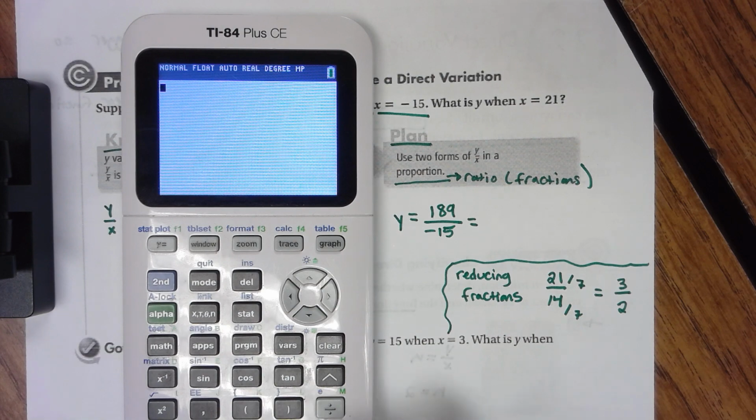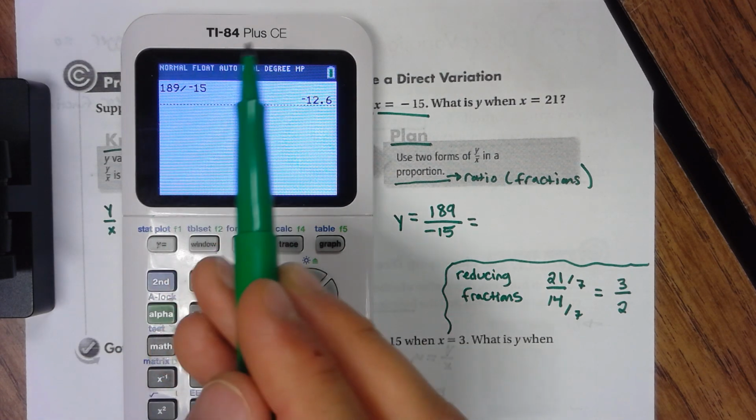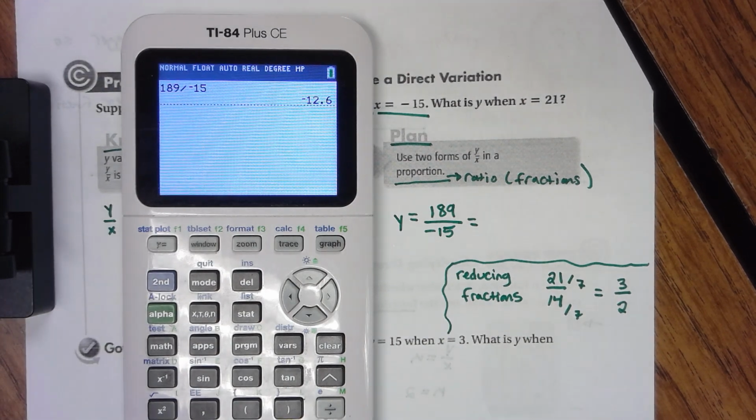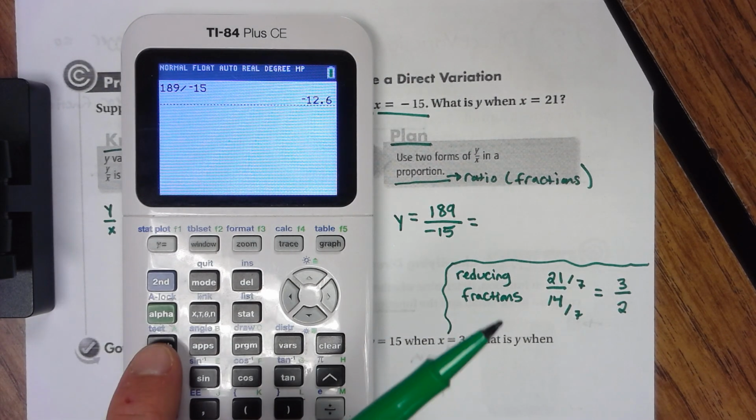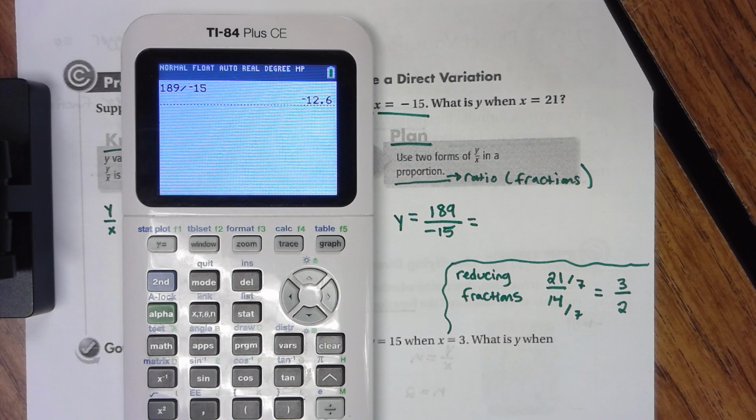First thing that we need to do is take that particular fraction and convert it into its decimal form, which means we just do the division. The numerator divided by the denominator is going to give it to us as a decimal, negative 12.6. The next thing that we're going to do, if you're using the graphing calculator, so the TI-84 or 83 or any other version of the TI, is look for this button that says Math.